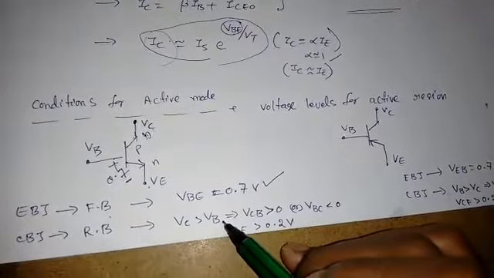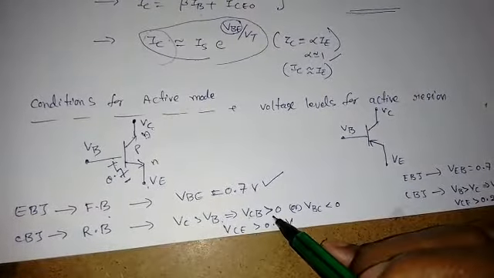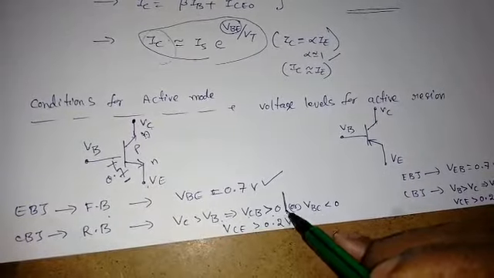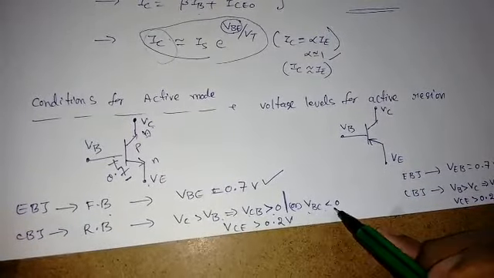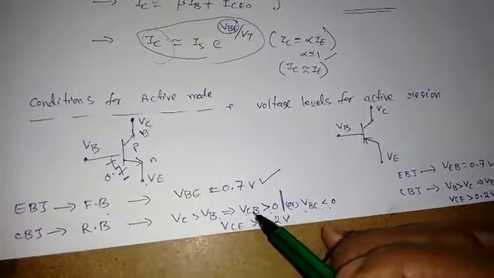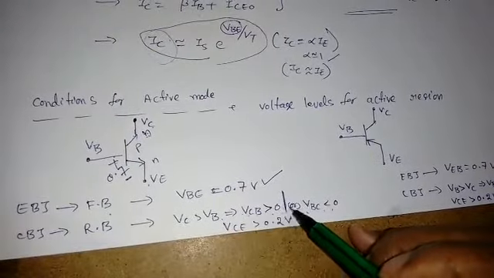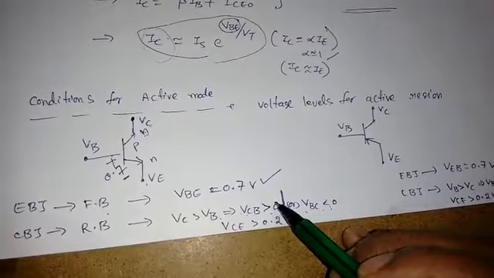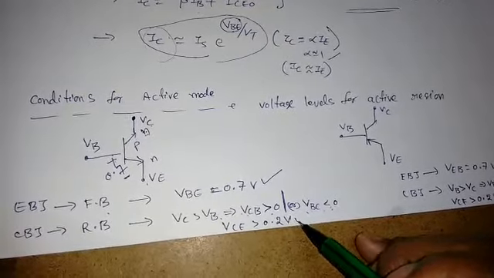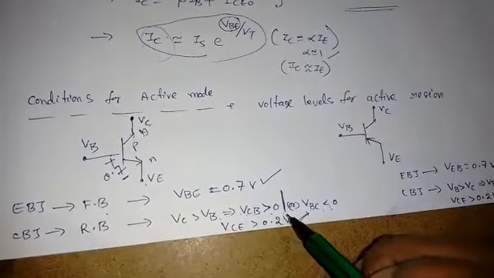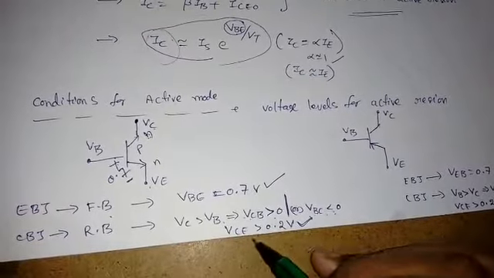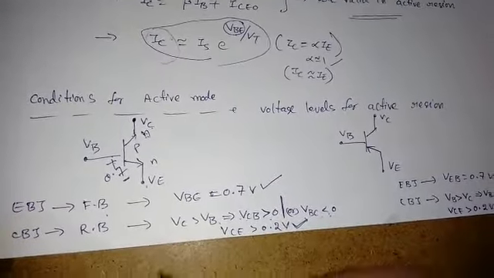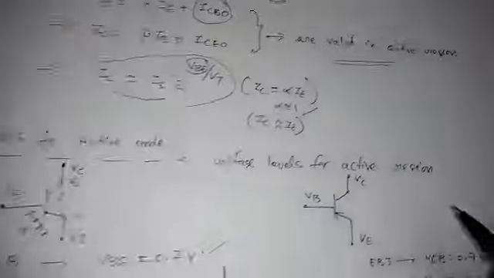So VC should be greater than VB, or VCB is greater than 0. Sometimes we will see VBC should be less than 0 in NPN; if we multiply by minus, it becomes VBC less than 0. Or if these are not available, suppose we find VCE directly: whenever VCE is greater than 0.2 volts, then also we can say it is in active mode.